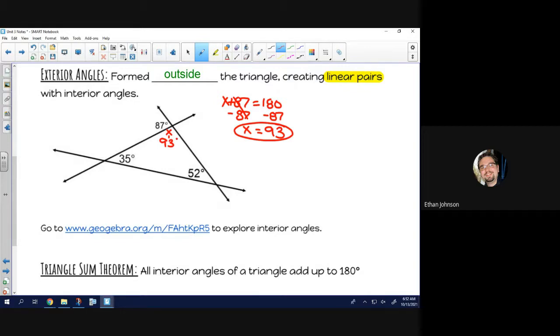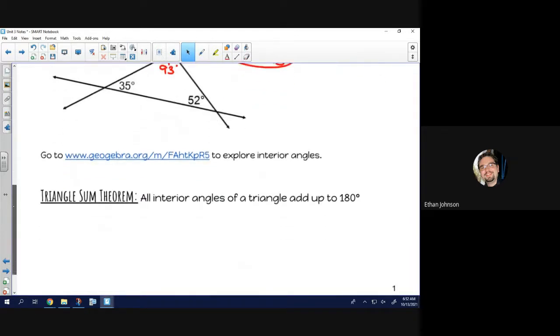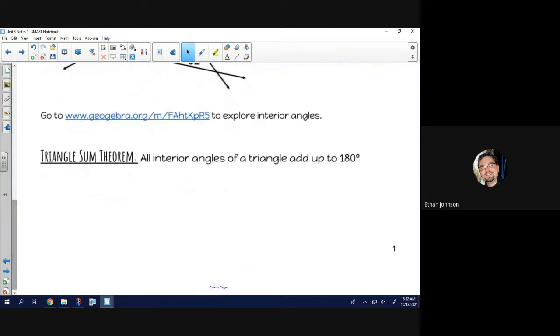Well, if we take a moment and just look at the relationship between the 93, the 35, and the 52, or our 3 interior angles, something special happens with them. 93 plus 35 plus 52 gets us 180 degrees, which gets us to this idea of the triangle sum theorem.